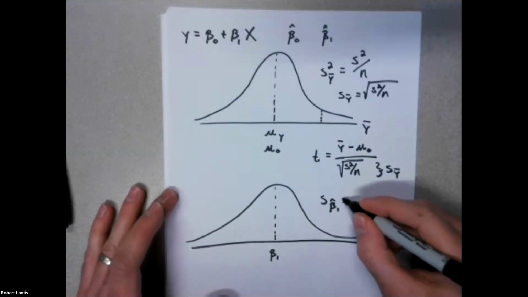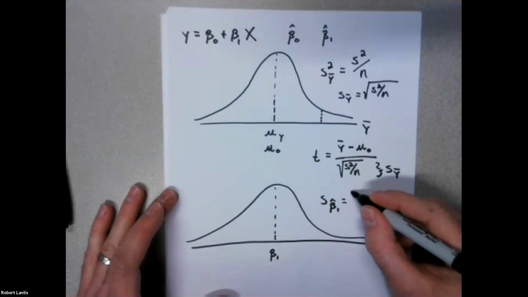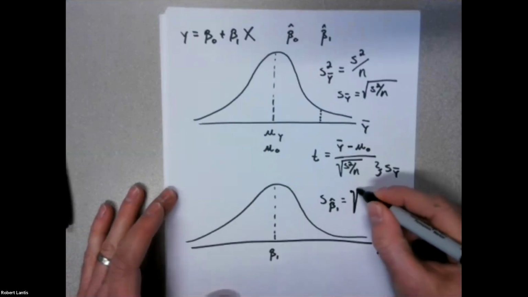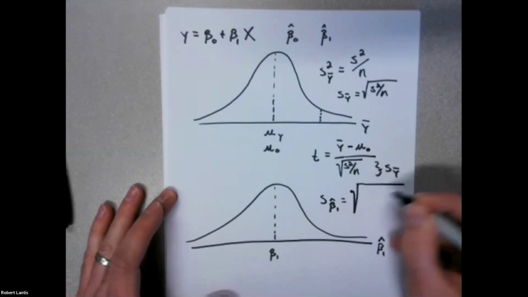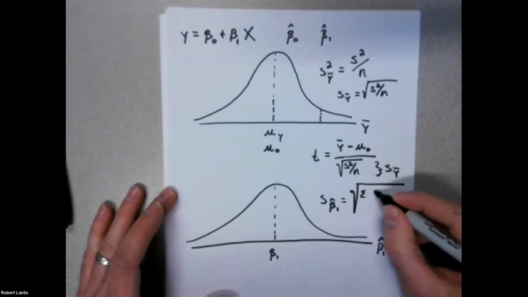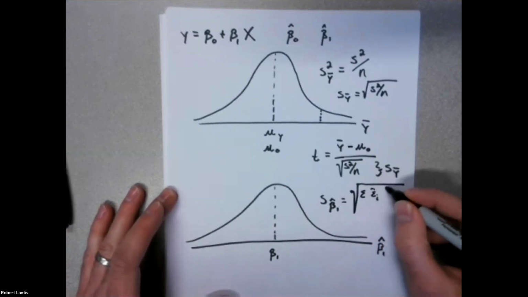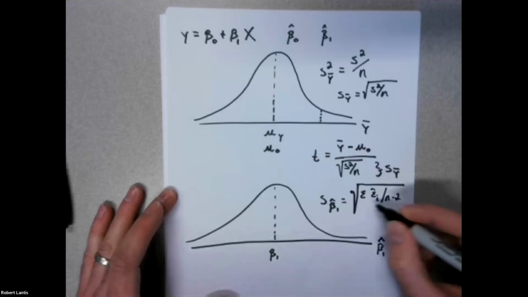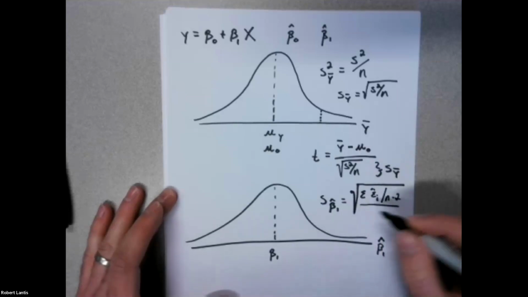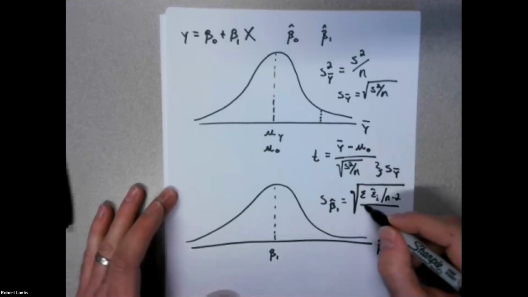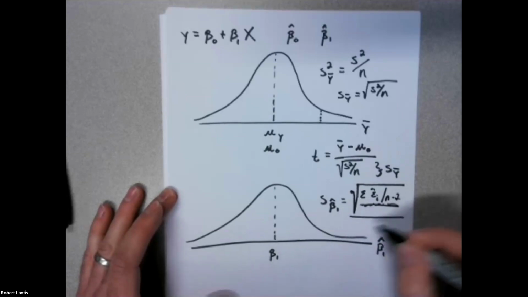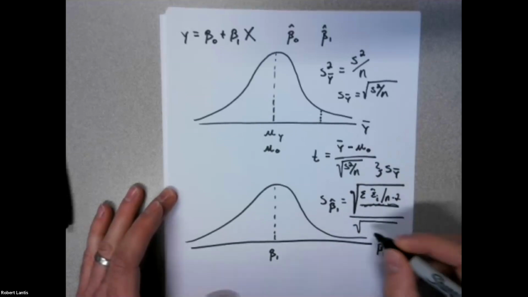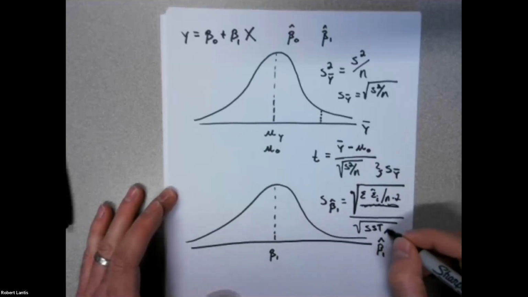So what this ends up being is the square root of the sum of our squared errors over n minus 2, divided by the square root of our SST.